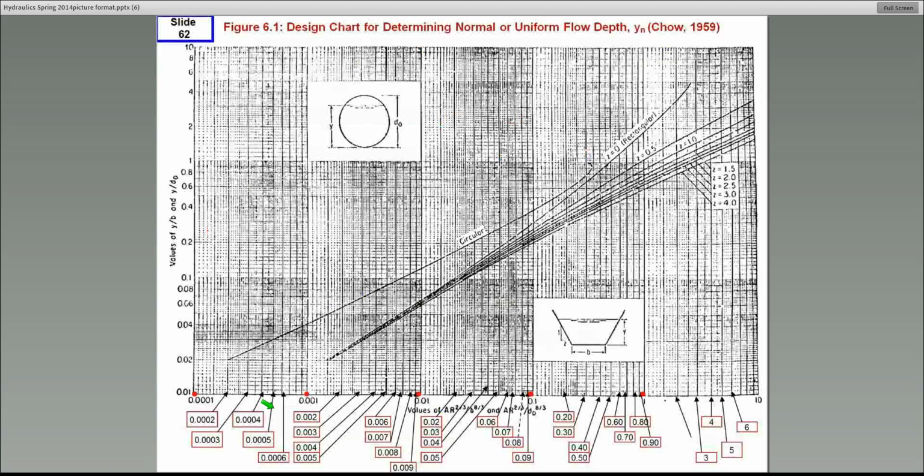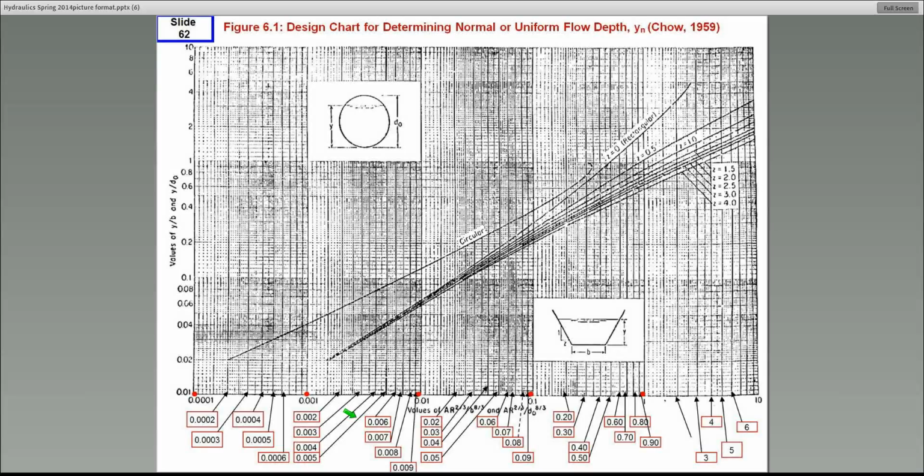Again, this chart is similar to what we saw for the critical depth. By the way, I added extra things to this graph to make it look better, because these additional markings were not there in the initial graph. So this makes it a little bit easier for you to read or use. If you can print it out, you can. I'm sure they don't allow loose materials, so you might have to take it as a booklet or something.